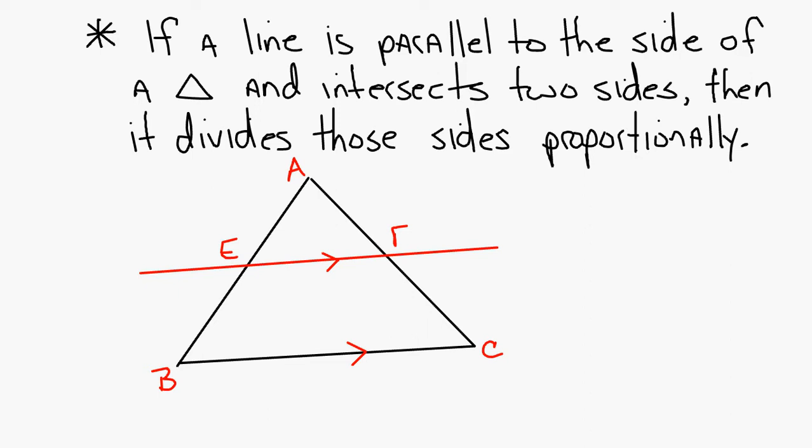The theorem says that in this situation, segment AE over segment EB is going to be equal to, or proportional, it's going to be equal to AF over FC.